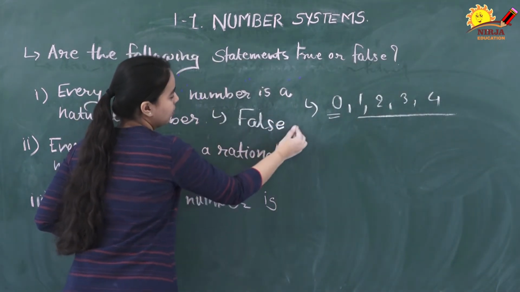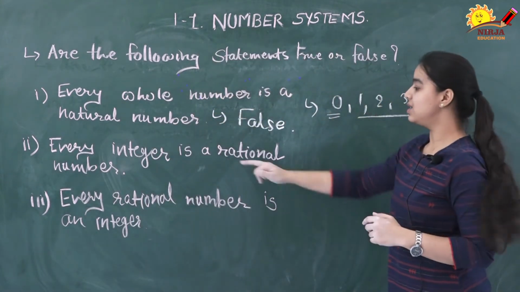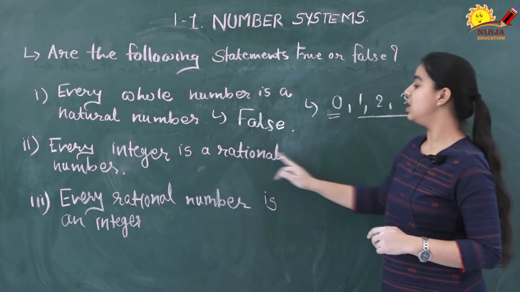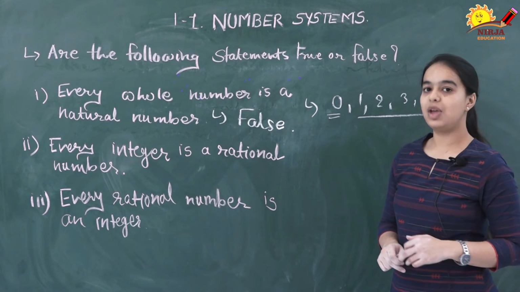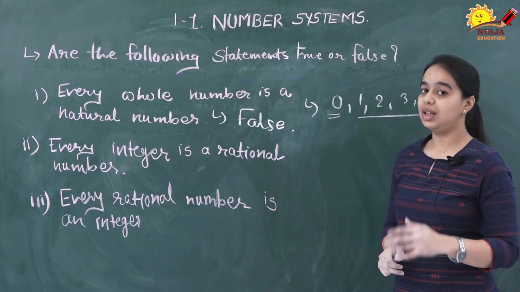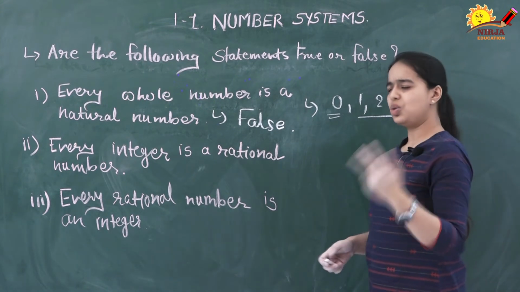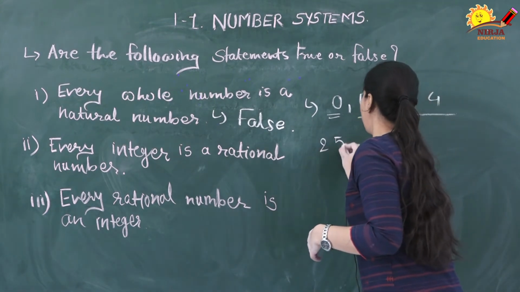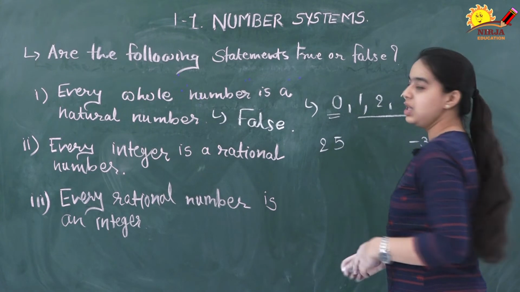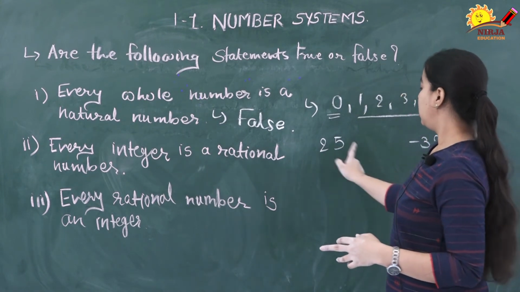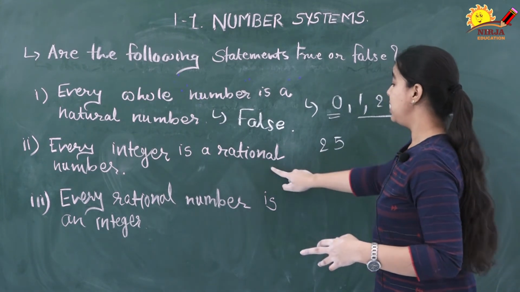False. Okay. Now the second statement is every integer is a rational number. We have studied integers. There are negative integers as well as positive integers. Let's take two integers. I am taking 25 as positive, minus 32 as negative. Now the second term is rational number.